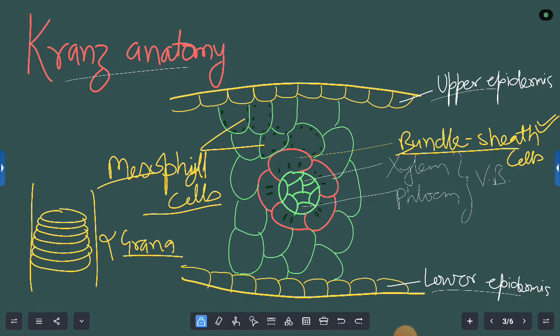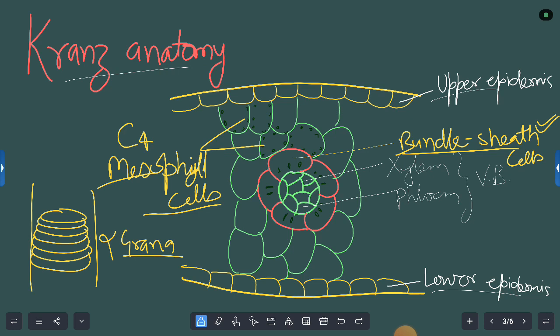In the bundle sheath cell, the C3 cycle happens. The Calvin cycle operates in the stroma of the chloroplast, and in the mesophyll cells the C4 cycle operates.